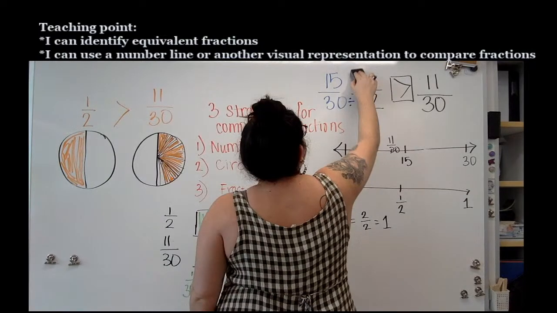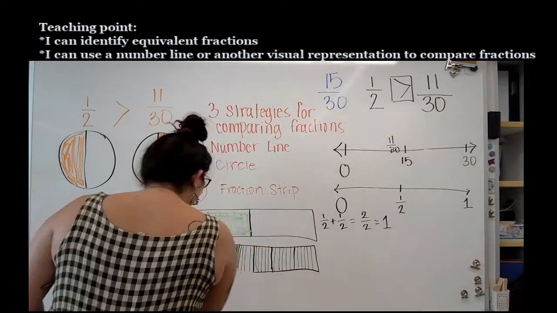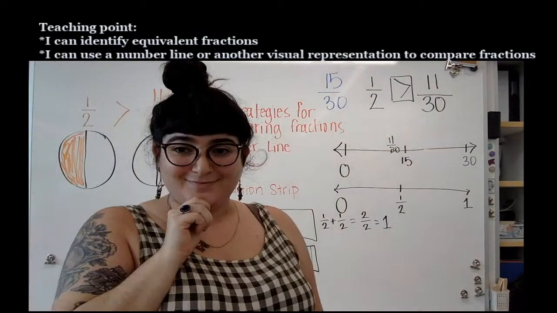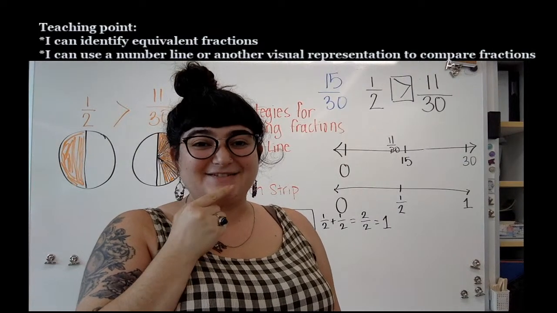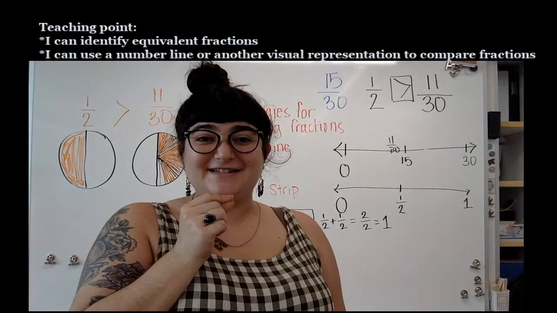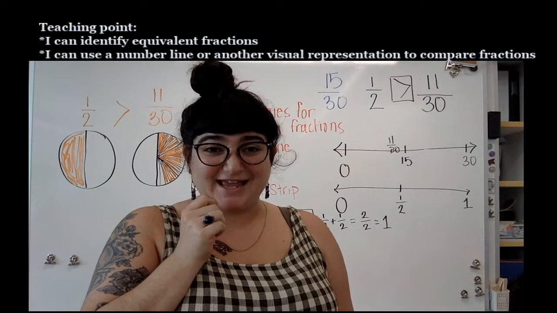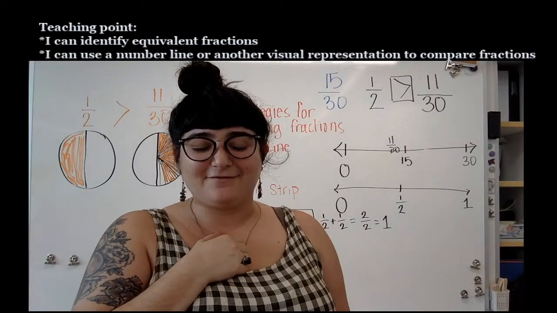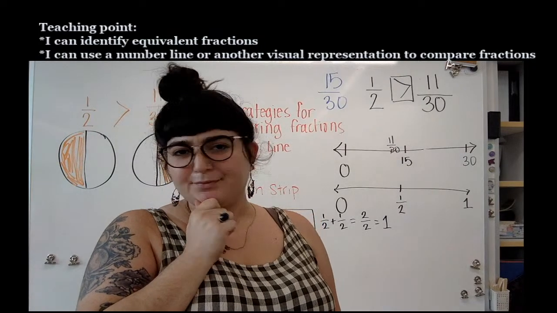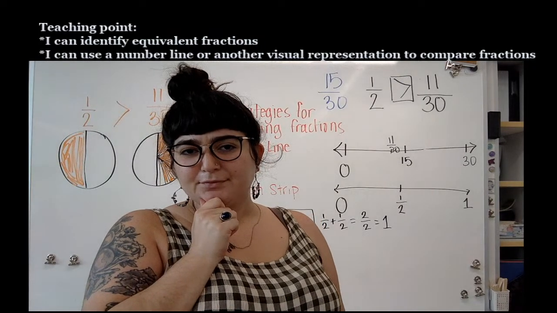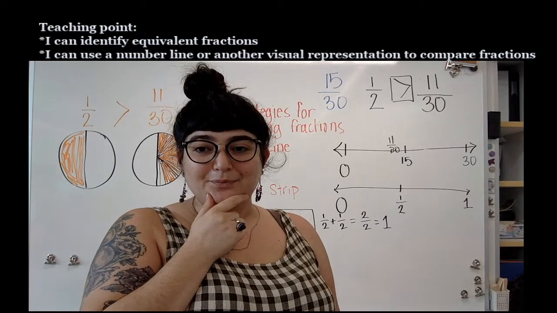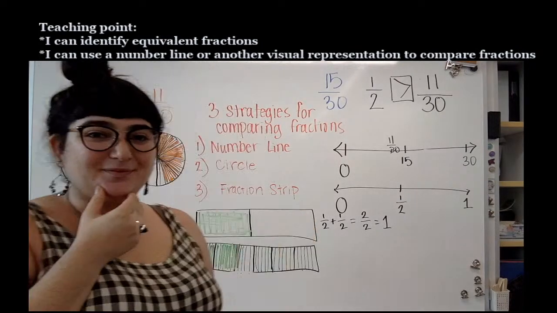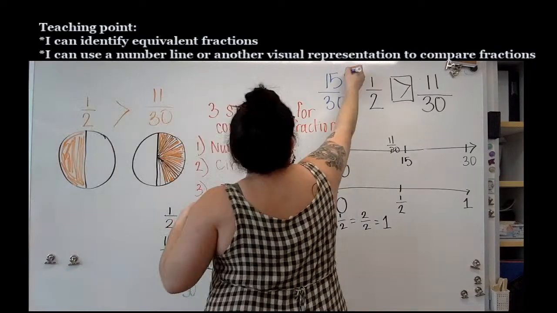What would I need to divide it by? What would I need to divide 15 30ths by to get to 1/2? Let's think. Absolutely. We would need to divide it by 15.